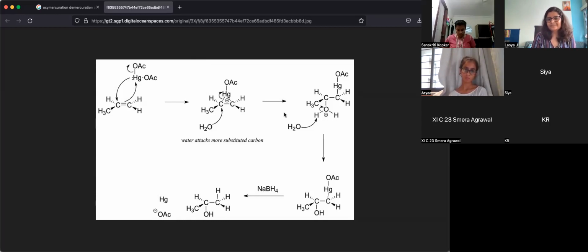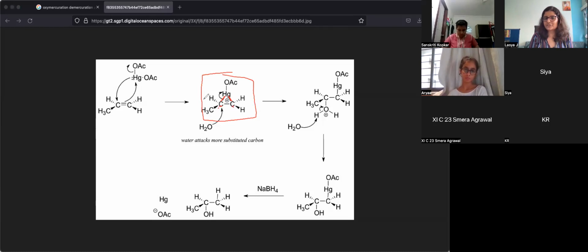You have to remember all this. No, you don't. I just showed it because you are curious. So basically, this is the step why the rearrangement will not take place. Mercury is forming this sort of a complex that prevents the rearrangement, that protects this thing. So OH and H get added at the double bonded carbons itself instead of anywhere else.